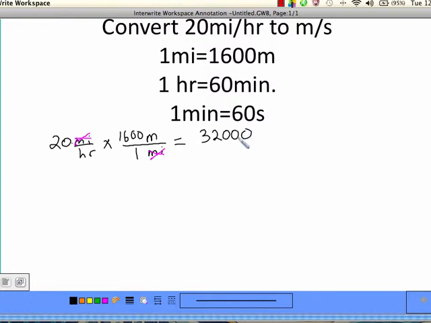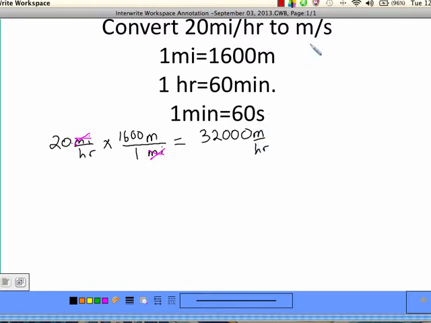Now, if you're confused as to what the units will be, all you have to do is see which units are left. So in this problem, we have meters up at top, which we did not cancel out, and we have hours on the bottom, which we did not cancel out. So 20 miles per hour is equivalent to 32,000 meters per hour.